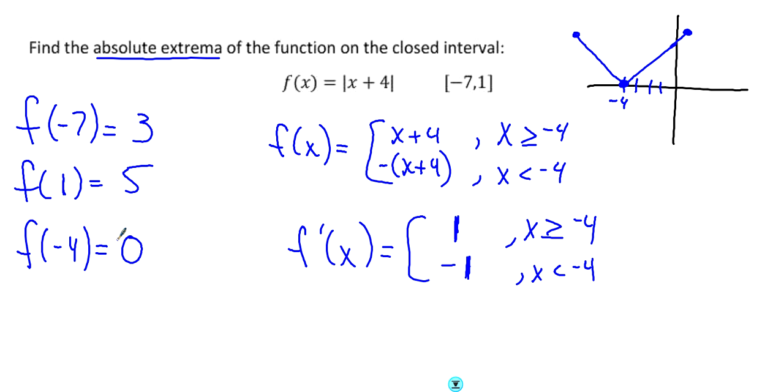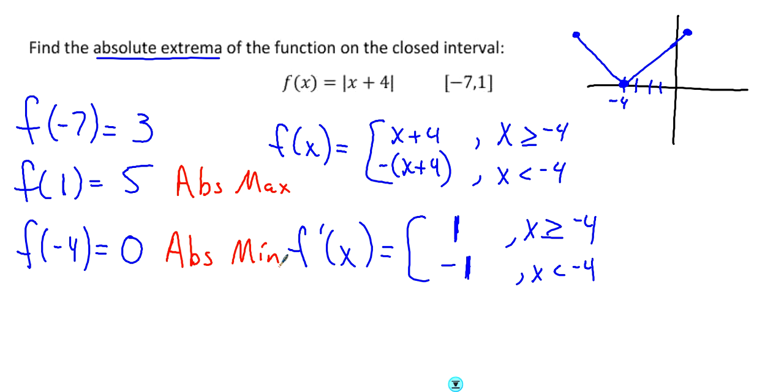And you can see from these that your absolute maximum is at 1. That is your absolute maximum value of 5. And your absolute minimum, therefore, is at negative 4, which is our minimum value of 0.